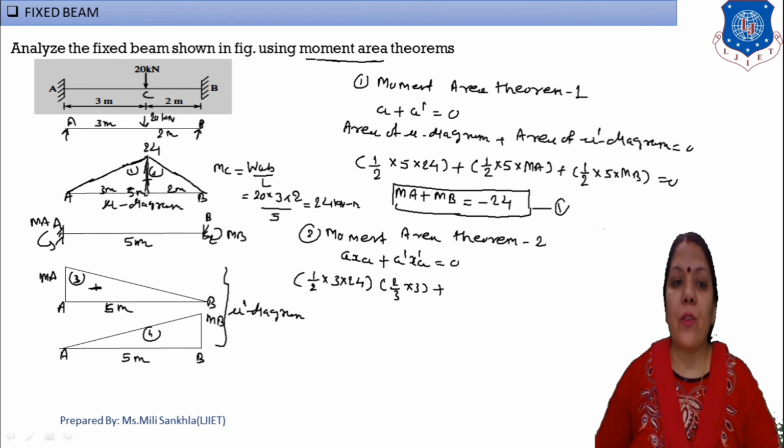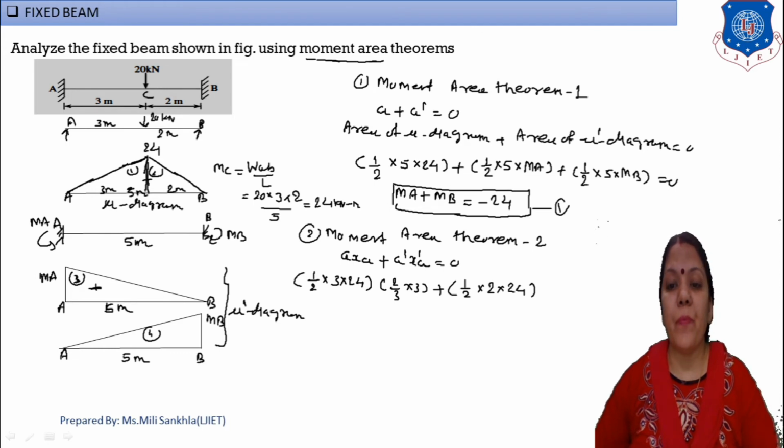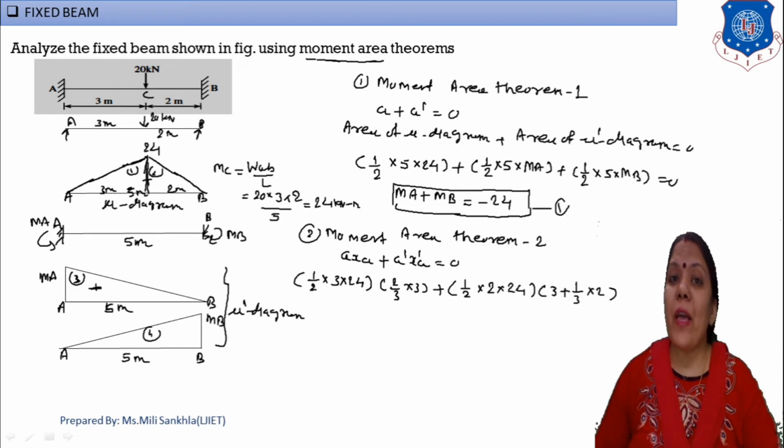So first add 3 meter distance and base of triangle 1/3 into 2. Clear? Mention here 1/2 into distance 2 meter, then 24, from A CG 3 plus base of 1/3 into 2. My mu diagram is complete.